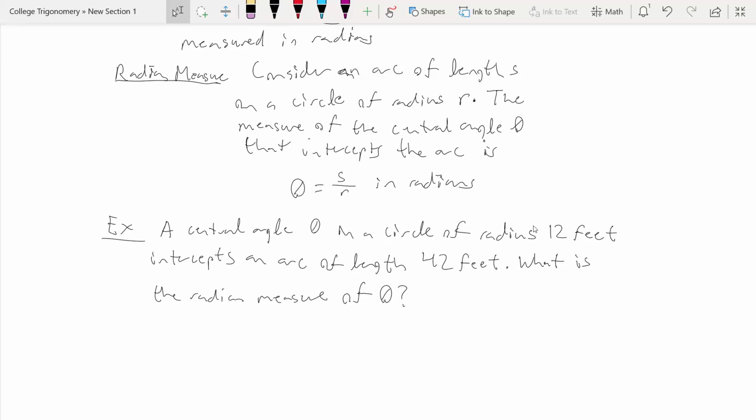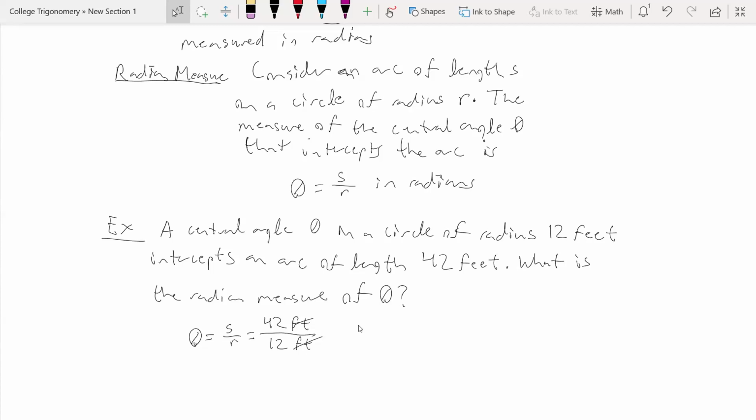So using my formula, theta is equal to S divided by R. S is the arc length, which is 42 feet. R is the radius, which is 12 feet. So we have feet in the numerator, feet in the denominator, and so the feet cancel off. It seems like on the right-hand side, this thing is dimensionless, because our units have gone away.